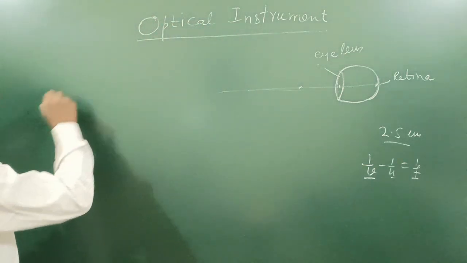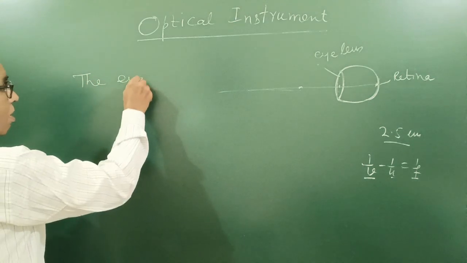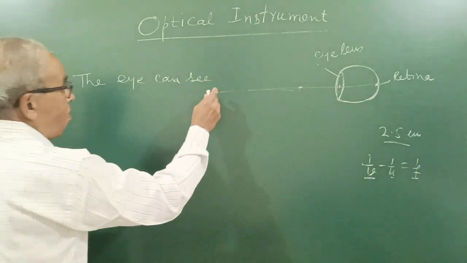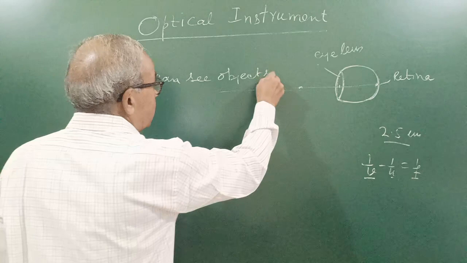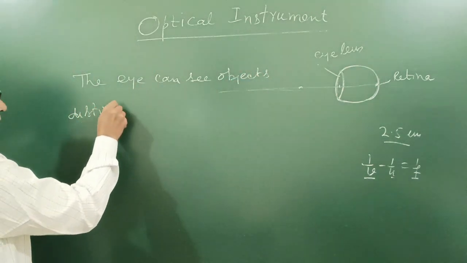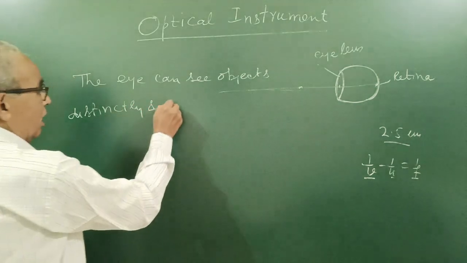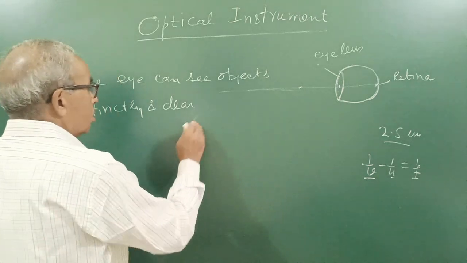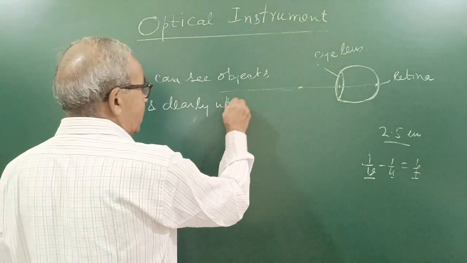So the eye lens, I can see objects distinctly and clearly up to infinity.